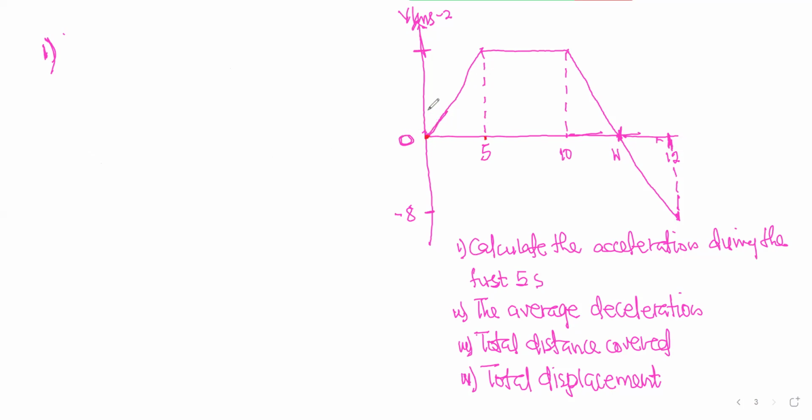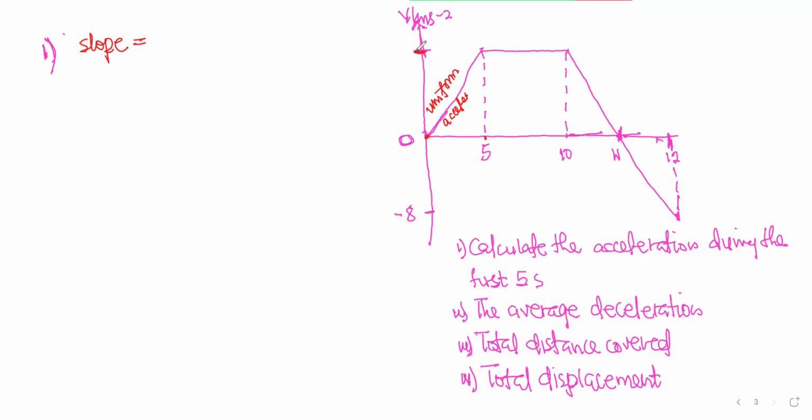During the 5 seconds, the body went through uniform acceleration. The slope of a velocity time graph would give you the acceleration. So let's find the slope. The slope here is the change in velocity.